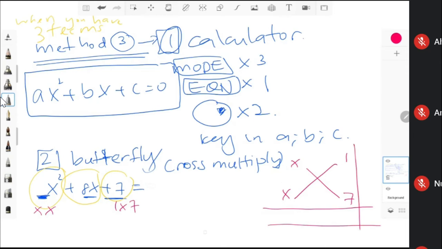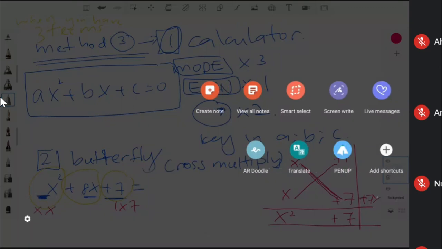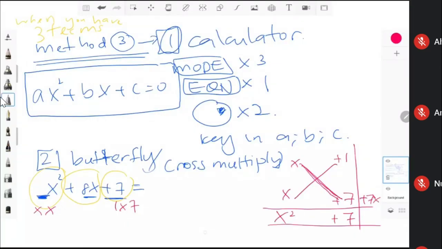So X times X is X squared. 1 times 7 is 7, and both are positive, right? Here, this cross multiply. When X multiplies with plus 7, you get positive 7X. When X multiplies 1, you get positive X. The last one here must be added together.